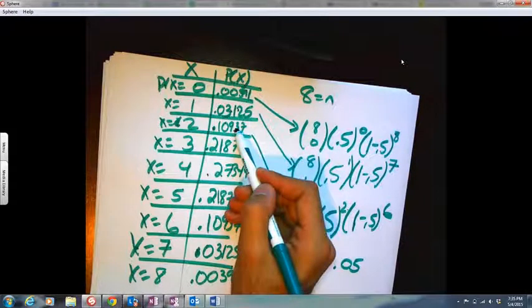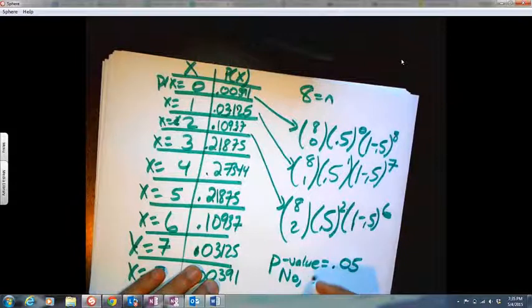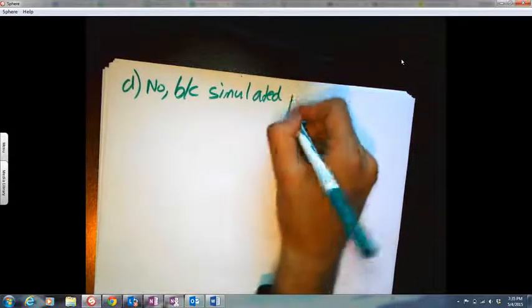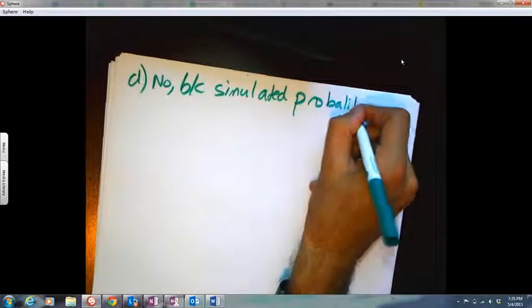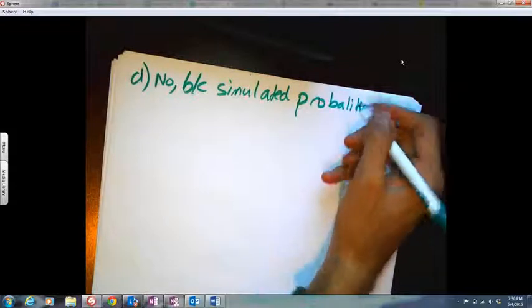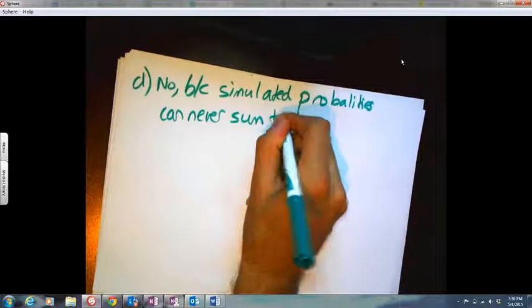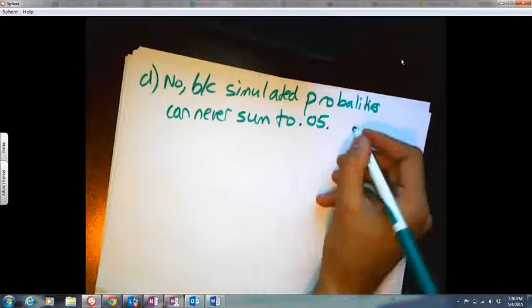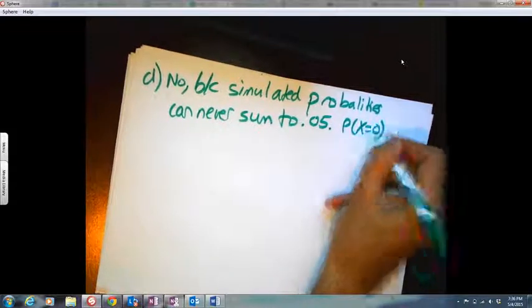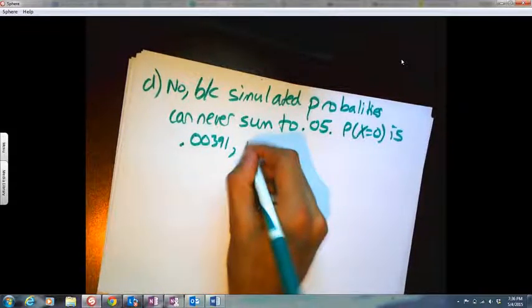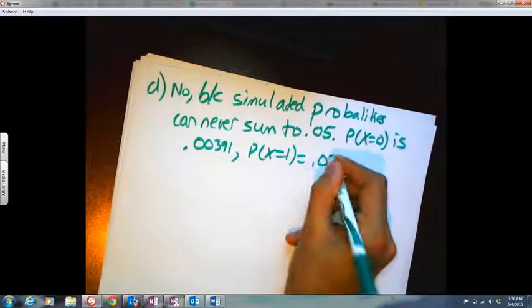So this is no. So on part D, the answer is no. Because the probabilities we found can never sum to 0.05. Probability x equals 0 is 0.00391. Probability x equals 1 is 0.03125. These are too small.